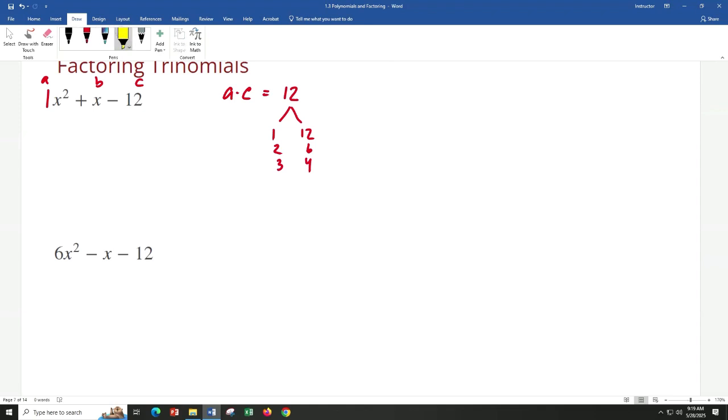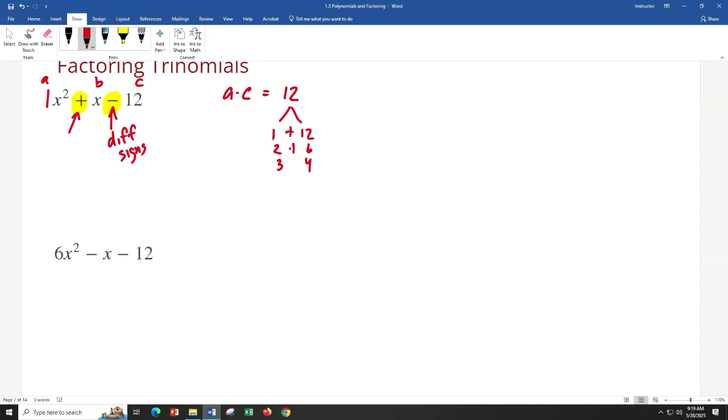I'm doing this pretty quick because this should be reviewed for you. And then, remember, when your constant is a negative, what is that going to tell me? Different signs, and the larger sign is going to be what? Positive, because I look right there, okay? So when it's negative, it says different signs. And I say, well, which sign is larger? I look right there, and it's going to be the positive.